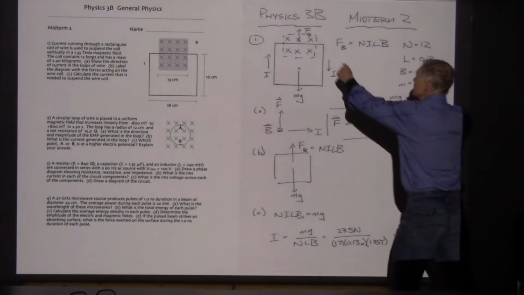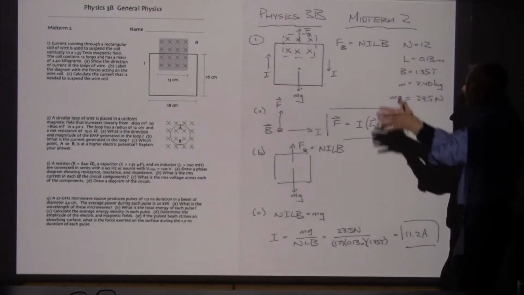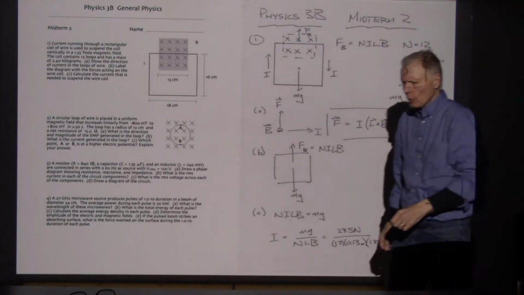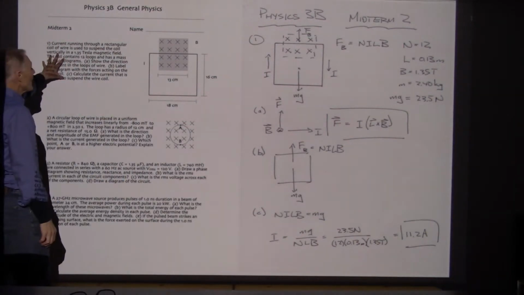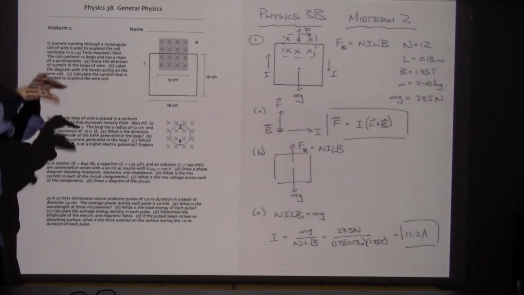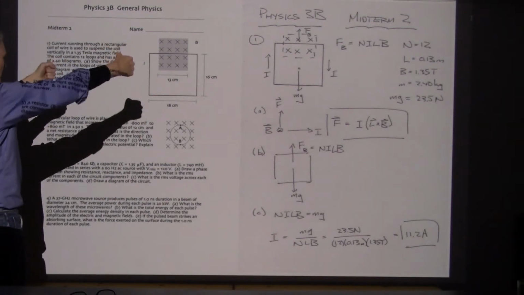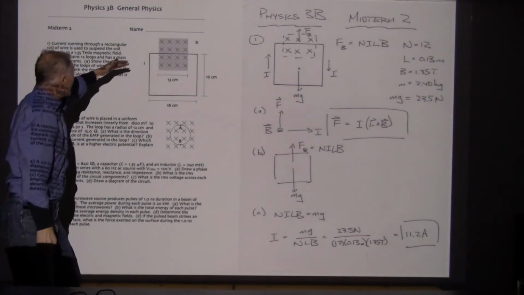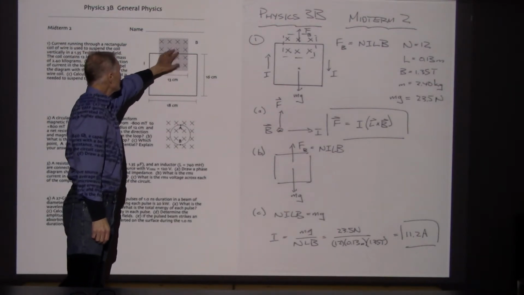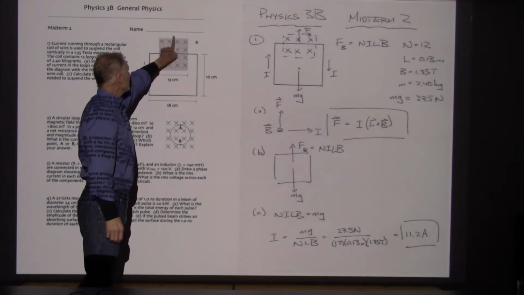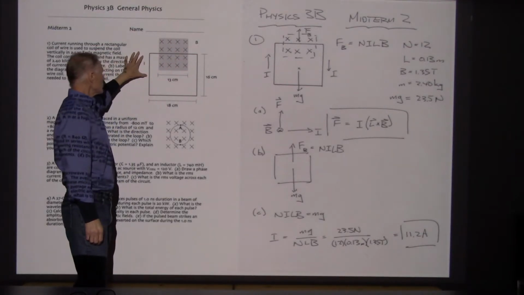And the mass of this entire object, now this is placed vertically. So just to make sure that we're clear on the orientation, it talks about that. So I've got a magnetic field that's running horizontally, and then I'm going to take this and place it vertically. This is hanging down. So there's going to be a magnetic force that lifts up this portion of the wire as long as the current continues to run.